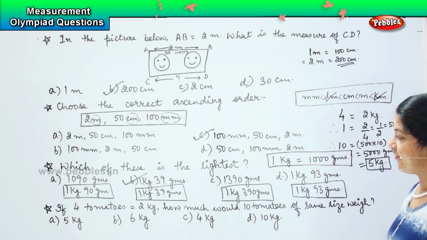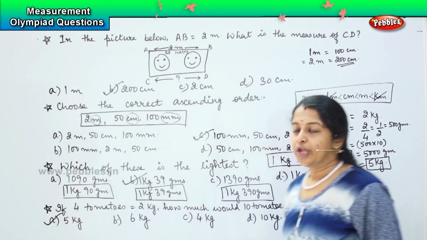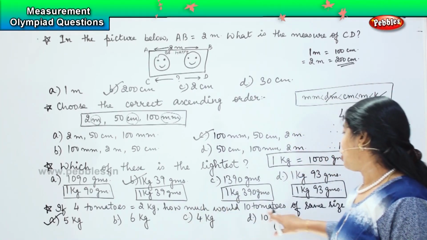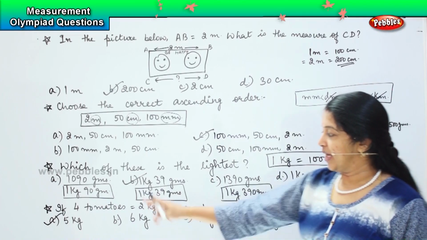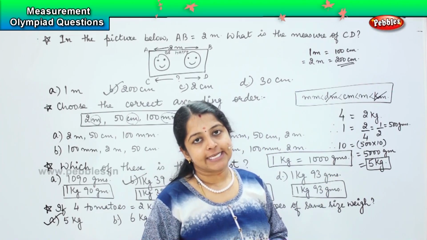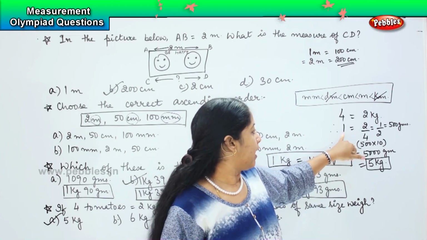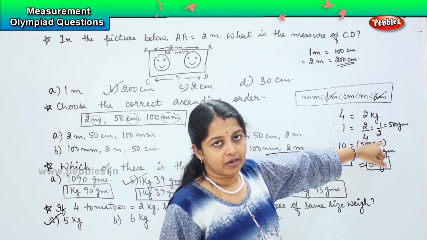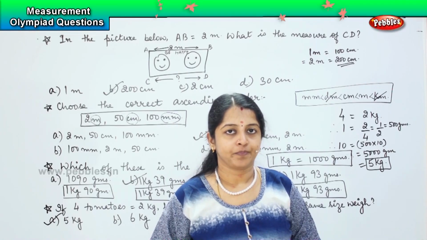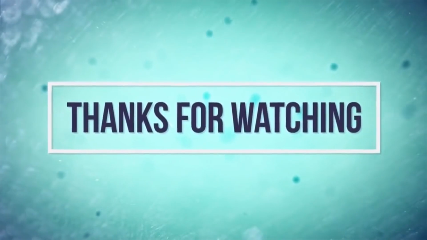So where is 5 kilogram? It is option A. So if 4 tomatoes weigh 2 kg, then 10 tomatoes of the same size would weigh 5 kg. This is an easy calculation. We first find the weight of 1 tomato and then multiply the answer by 10. That is the question asked. Clear? Shall we move to the next question?